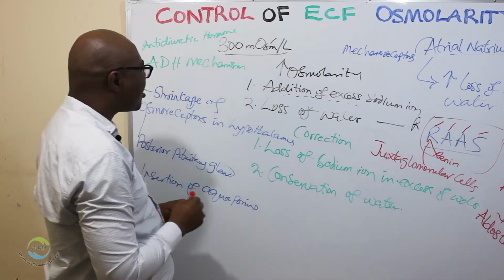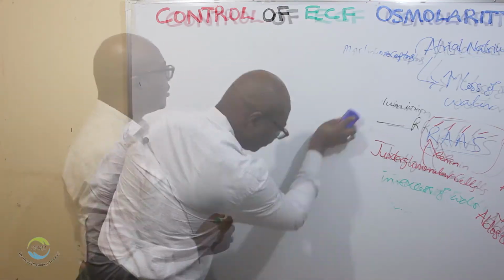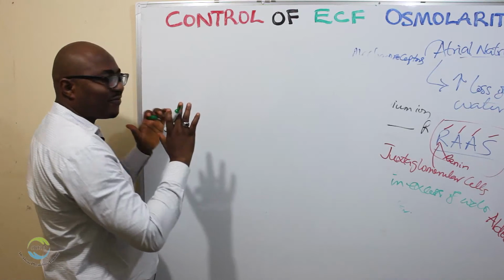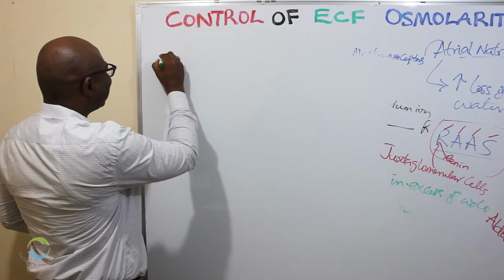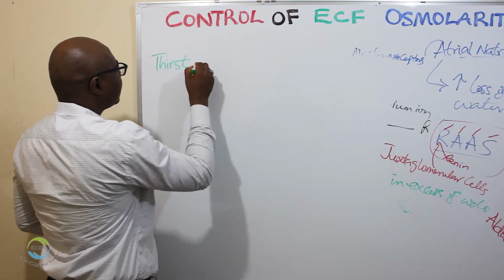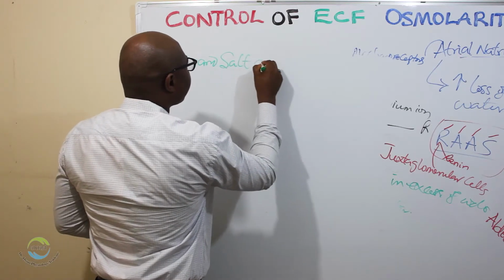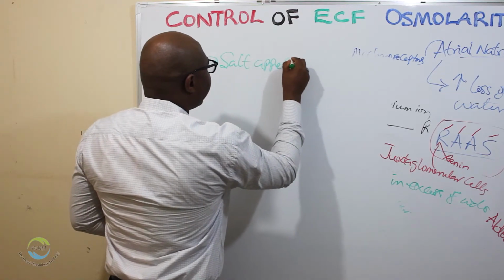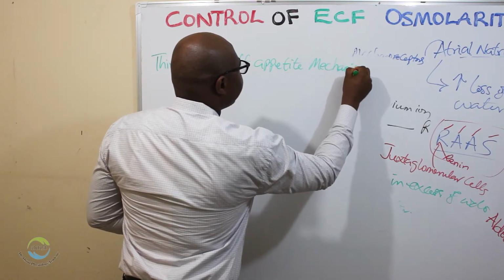But there is another mechanism. So the 4th final mechanism that the body has is the thirst and salt appetite mechanism.